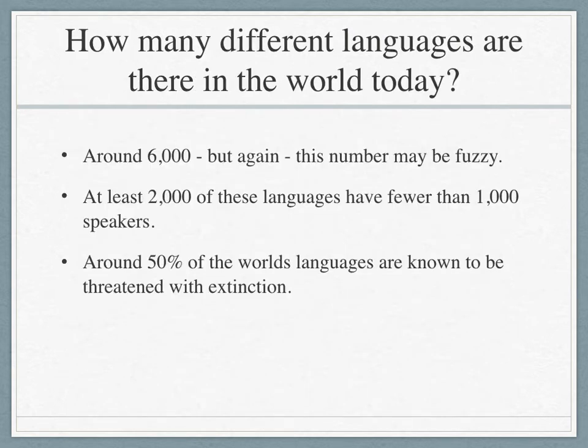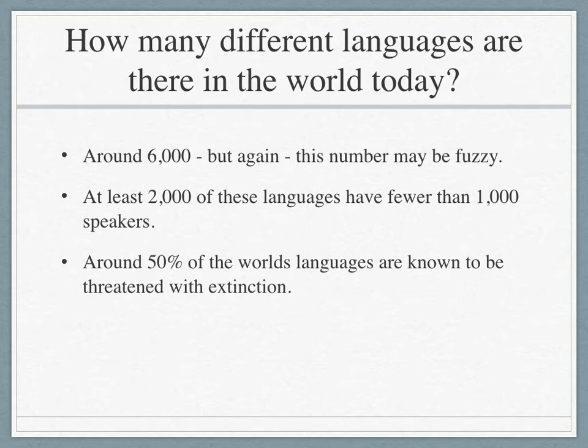So, how many different languages are there in the world today? In your textbook, around 6,000. And why don't we have some exact number? There's a few reasons for that. One, of course, is the problem of classification, and there are still plenty of examples where we're not sure if we're dealing with different dialects or separate languages.